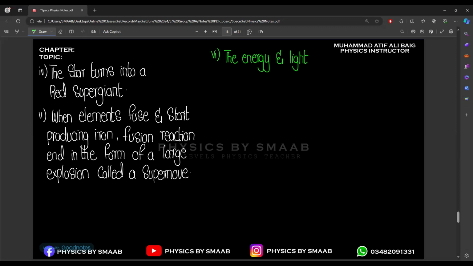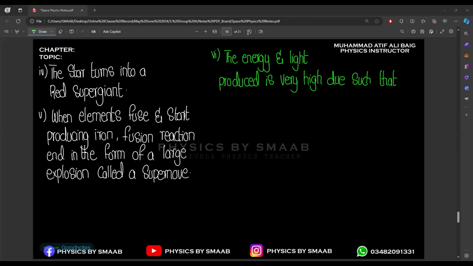The energy and light produced is very high, such that even iron starts to fuse into heavier elements.